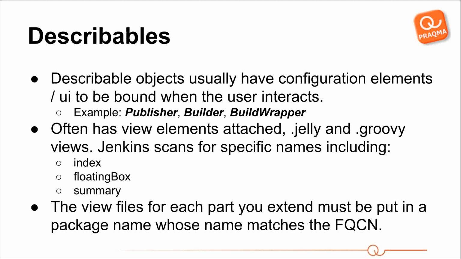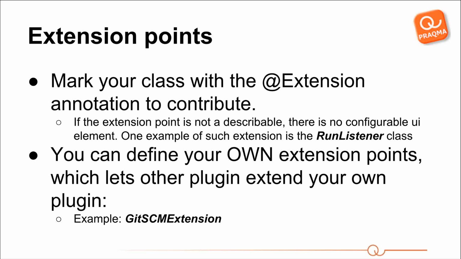Yeah, but that's a describable. Not all objects are describable objects. Something that does not have a UI element is usually not describable. But if you want to contribute something to your Jenkins installation, you need to mark your class with extension.